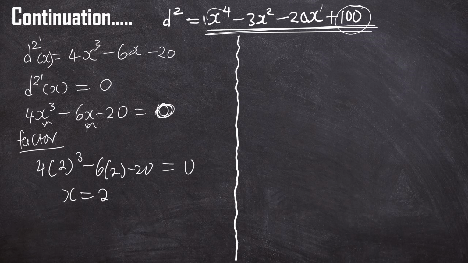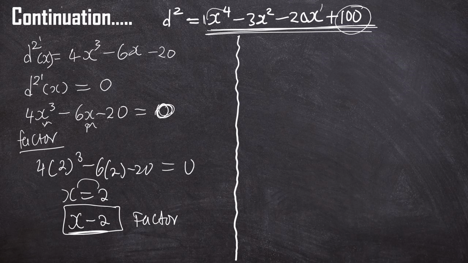So we now know that x minus 2 is a factor, because when x equals 2 our derivative function is equal to 0. It's x minus 2, not x plus 2. Don't make that mistake, because we are saying when x equals 2, so if you take this to that side, you get x minus 2 as your factor.